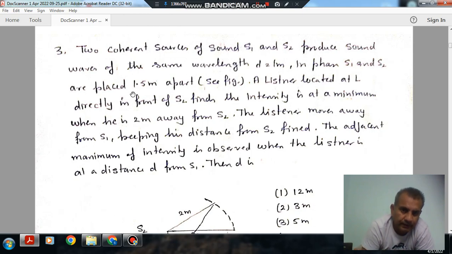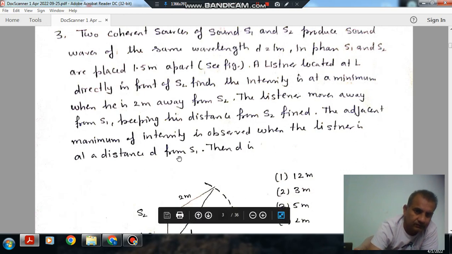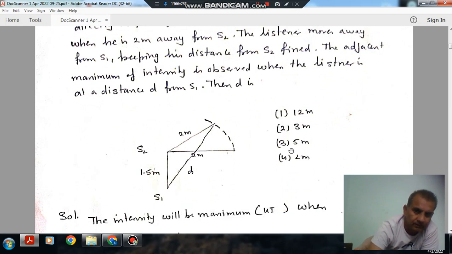A listener located at L, directly in front of S2, finds the intensity is at a minimum when he is 2 meters away from S2. The listener moves away from S1, keeping the distance from S2 fixed. The adjacent maximum of intensity is observed when the listener is at a distance d from S1. Then d is: option 1, 12 meter; option 2, 3 meter; option 3, 5 meter; and option 4, 2 meter.